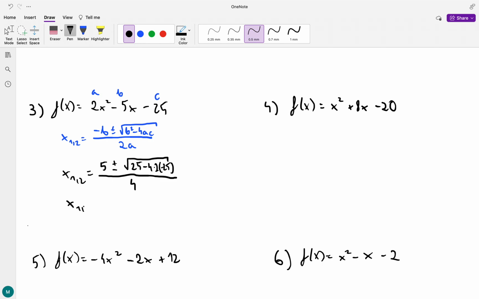So x1, 2 is equal to 5 plus, and let's see, we have 2 times 25, that's negative 50, times 4, that's positive 200. So underneath the radical we have 225, and obviously divided by 4.